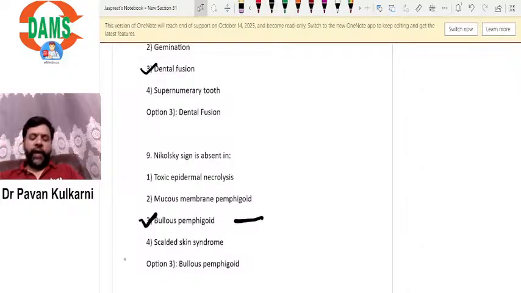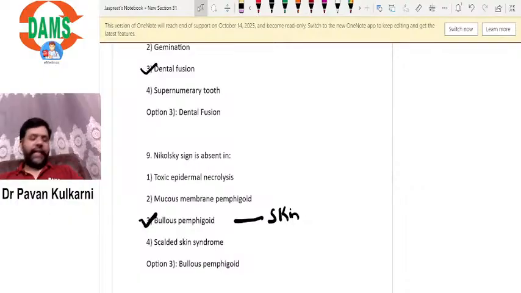Bullous pemphigoid affects exclusively skin, and Nikolsky sign is negative in it. Generally all types of pemphigus will show Nikolsky sign positive, and one type of pemphigoid, cicatricial or mucous membrane pemphigoid, will show Nikolsky sign positive.